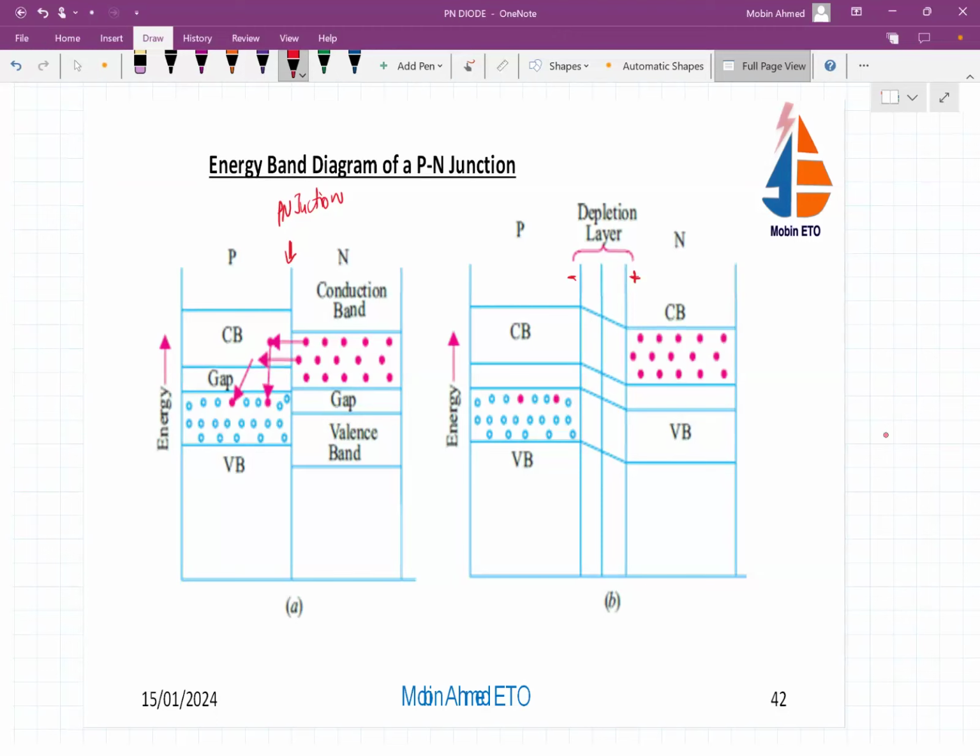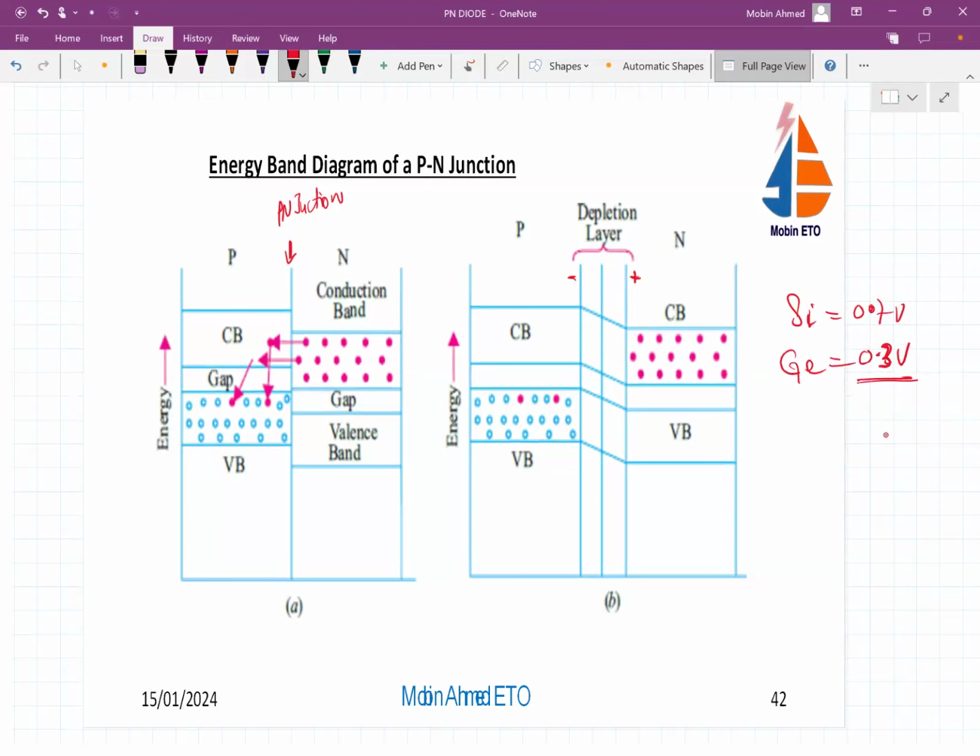And when this charge reaches 0.7 volt for the silicon and 0.3 volt for the germanium, the diffusion stops.